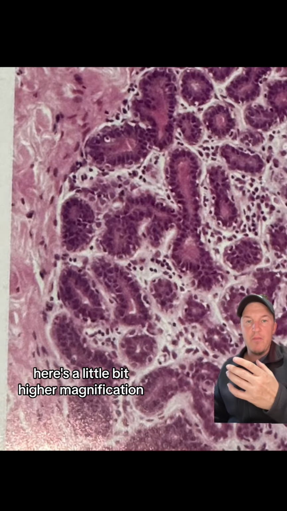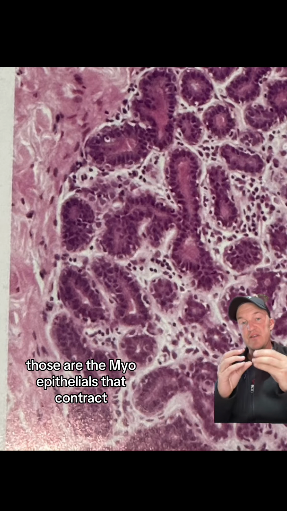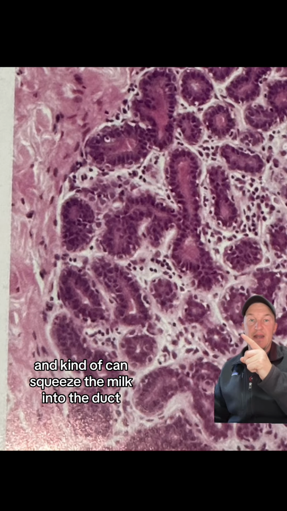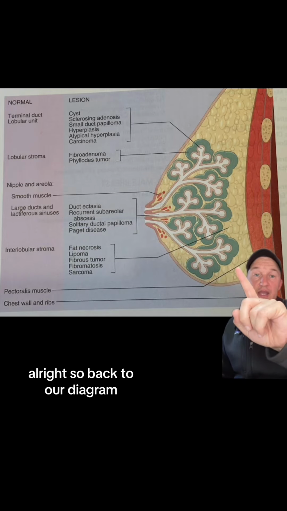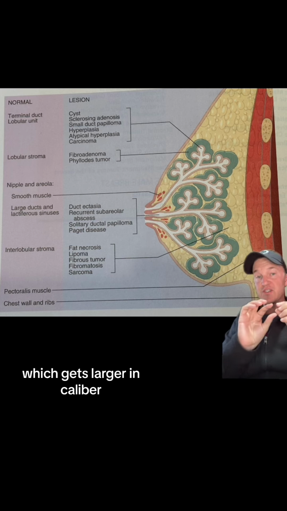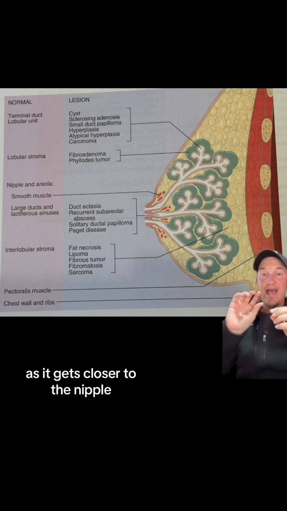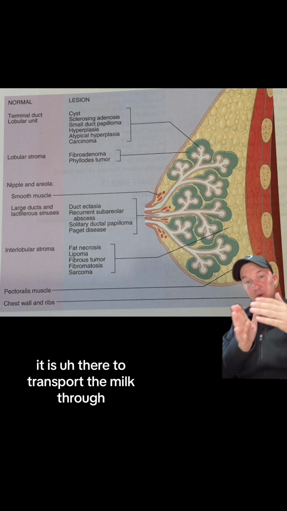Here's a little bit higher magnification. You can see these little spindle cells here. Those are the myoepithelials that contract and can squeeze the milk into the duct. All right, so back to our diagram. Each one of those lobules is attached to a duct, which gets larger in caliber as it gets closer to the nipple. It is there to transport the milk through.